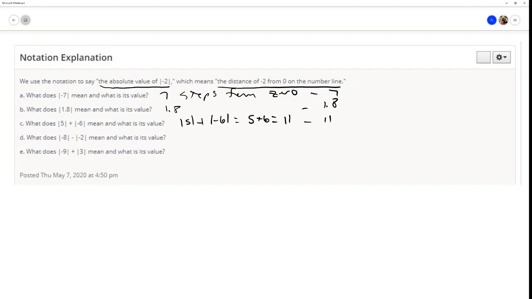Okay, the absolute value of negative 8 minus the absolute value of negative 2, so that would be 8 minus 2 equals 6, and the value is 6. The absolute value of -9 is 9. The absolute value of +3 is 3. When you add those together, 9, 10, 11, 12. Okay. Pretty cool. All right, guys.